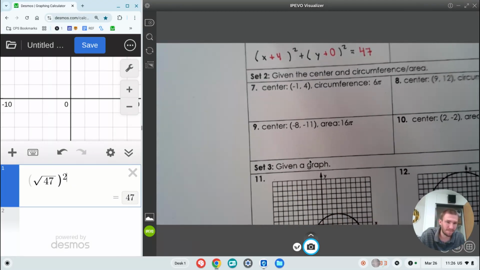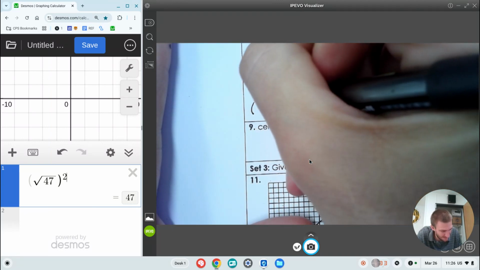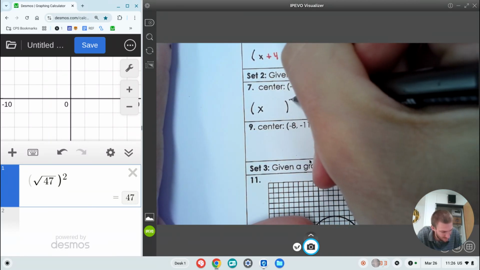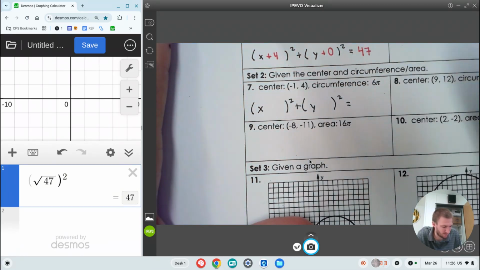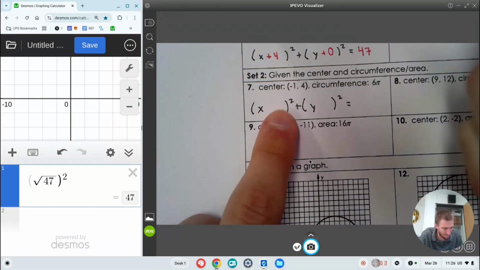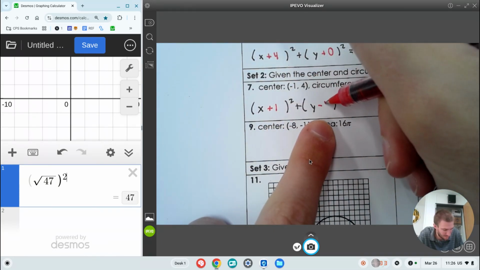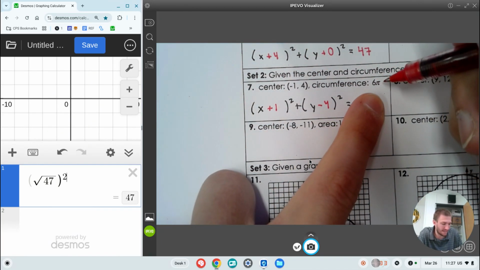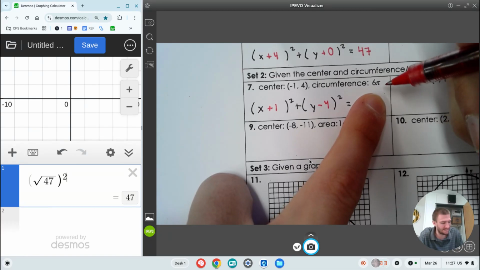Given the circumference, it's the same idea here. I'm going to need x squared plus y squared is equal to, I'm going to need opposites. Minus 1 means plus 1, plus 4 means minus 4, and I have this circumference. Now, this circumference is not the radius.